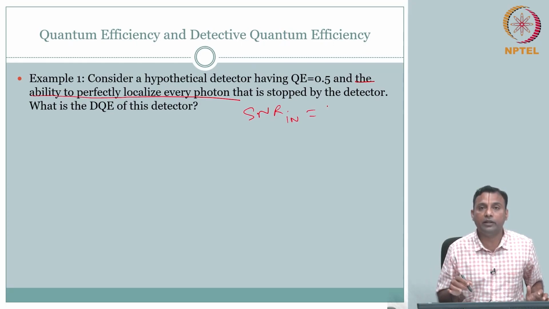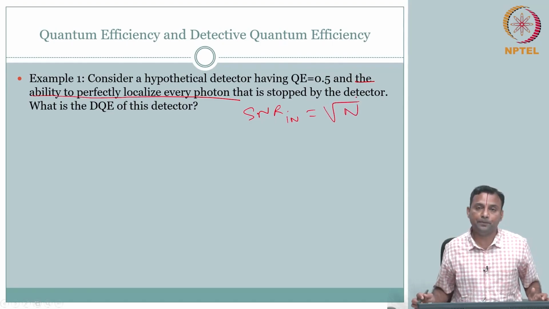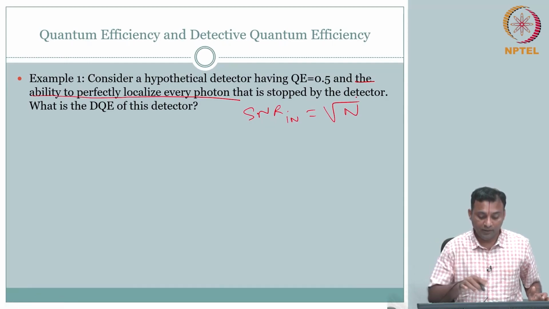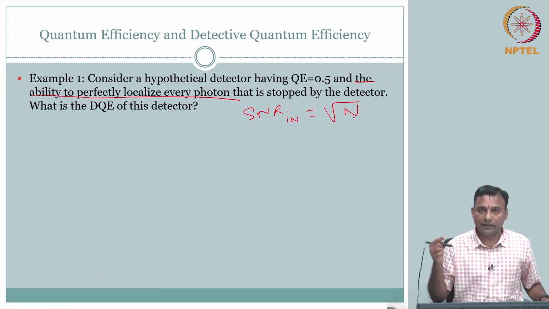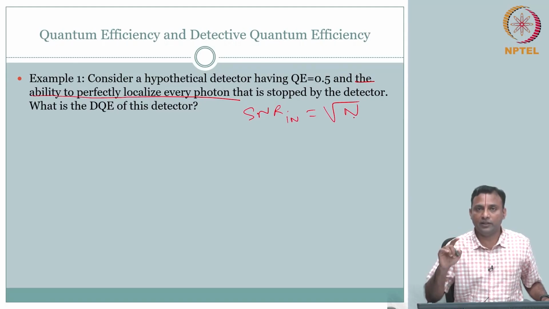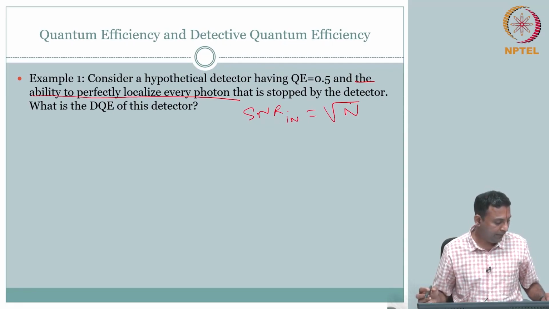So the intrinsic SNR is the square root of n. We are not talking about contrast here, do not get confused. We are just talking about one photon, one location: the signal and the variation around it. Signal is your mean, variation is fluctuation around the mean, so your noise is the standard deviation, the square root of your variance. So signal to noise ratio is the square root of n, this is your intrinsic.